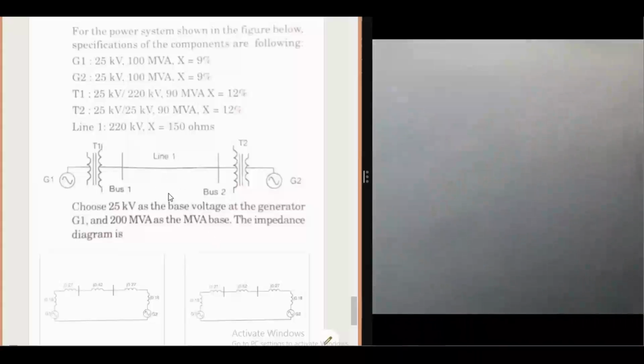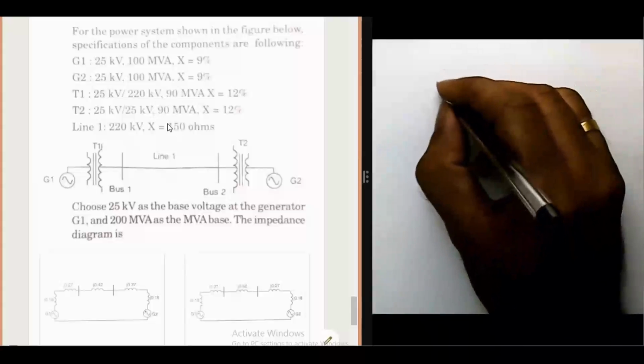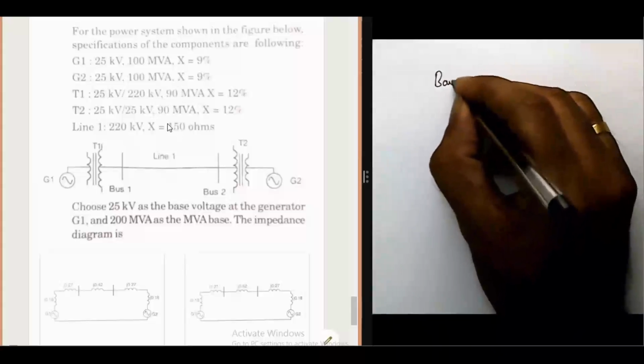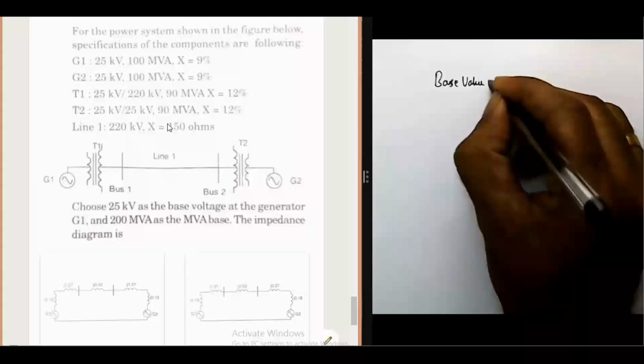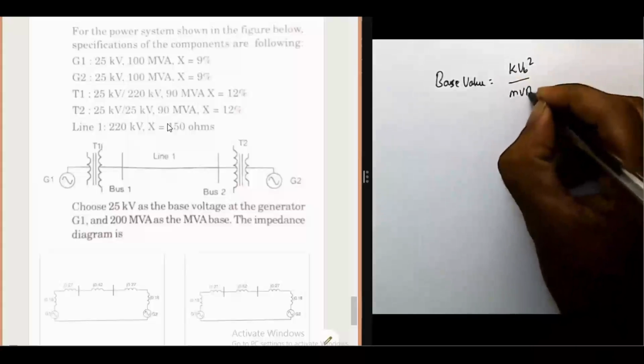Then I am going to calculate another component to check the answer. I'm going to calculate the transmission line. The transmission line old value is 150 ohm. That is the actual value. Then calculate the base value. Base value is kVb square divided by MVAb.